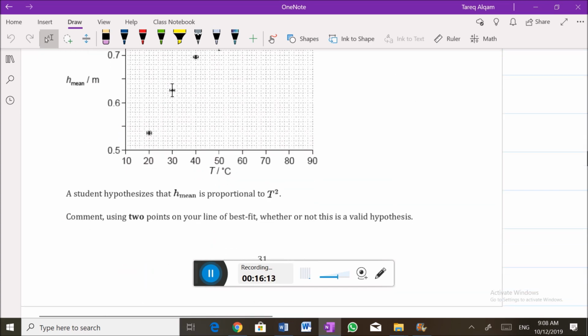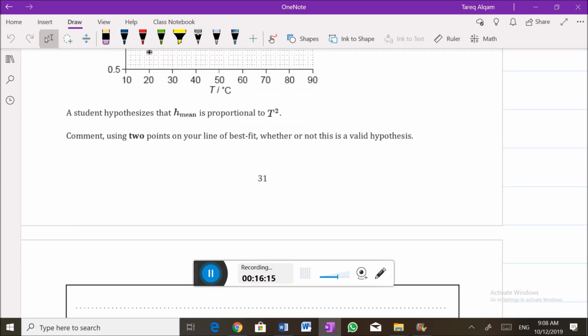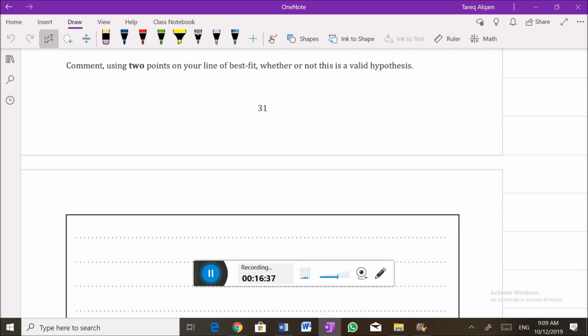We're given H and T. The student's hypothesis states that H is proportional to T squared. Using 2 points on your line of best fit, determine whether or not this is a valid hypothesis.